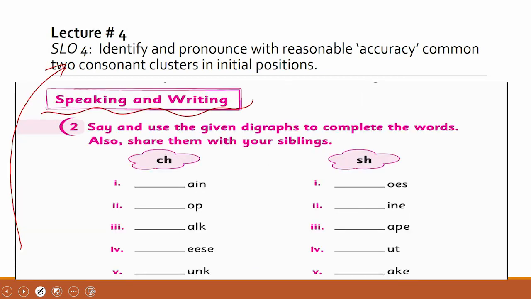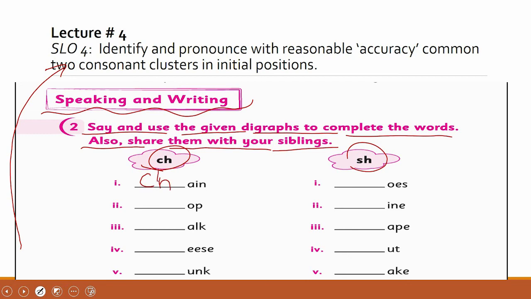Speaking and writing. Say and use the given digraphs to complete the words. Also share them with your siblings. Ch, sh. Let's complete it. Ch, chain. Ch, chop. Ch, chalk. Ch, cheese.